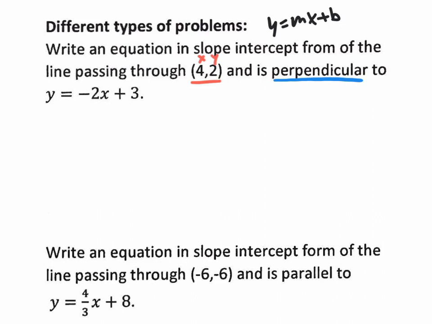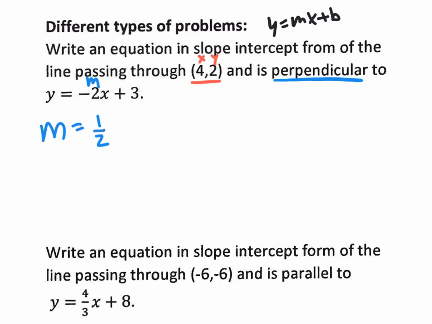Because if our line that we're going to write is perpendicular to this one, then we know that our slope is going to be what? It's going to be an opposite reciprocal value of -2. Okay, so indirectly they are telling us that our slope is positive 1/2.